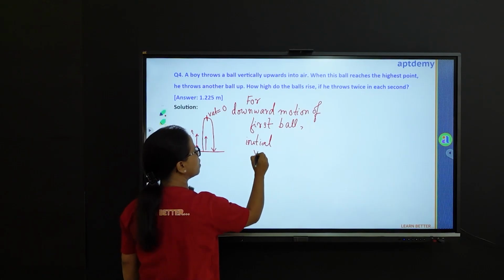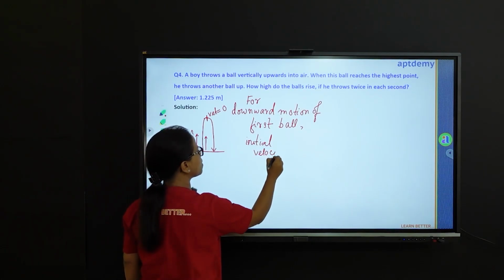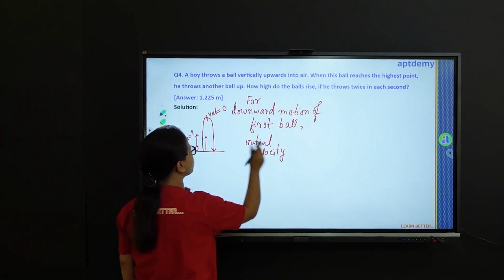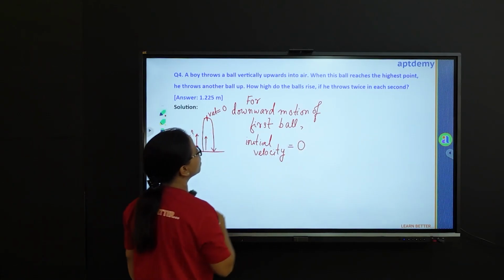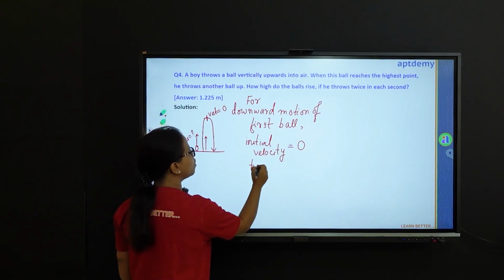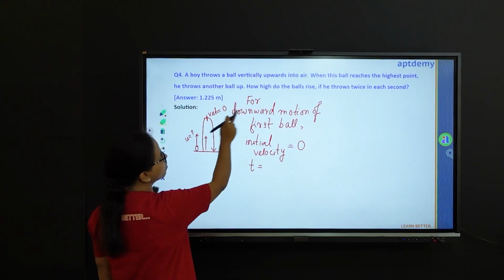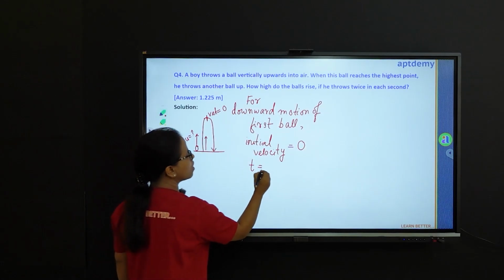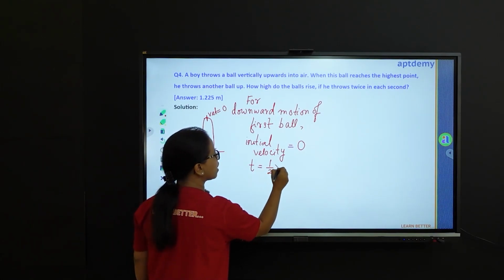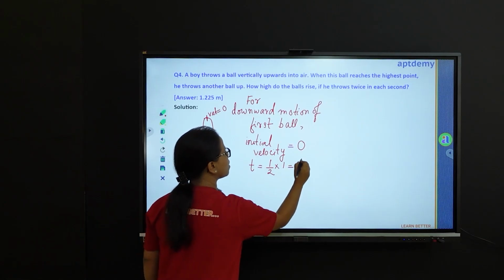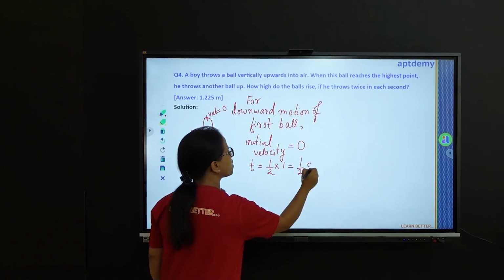What is it? 0. Yes, because the ball started from the highest point. So the initial velocity is 0 here. And what is the time taken to come down and hit the ground? The total time was 1 second, so the time of downward motion is half of 1 second, that is 0.5 seconds.